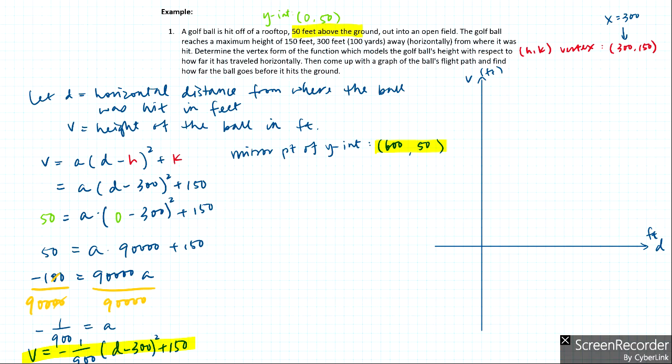And that's going to be a point we'll want to use later on to help us graph the path as well. And then another point we can find is the horizontal intercept. And to find the horizontal intercept, we still want to go ahead and find when the y is equal to 0, or the height in this case is going to be equal to 0.